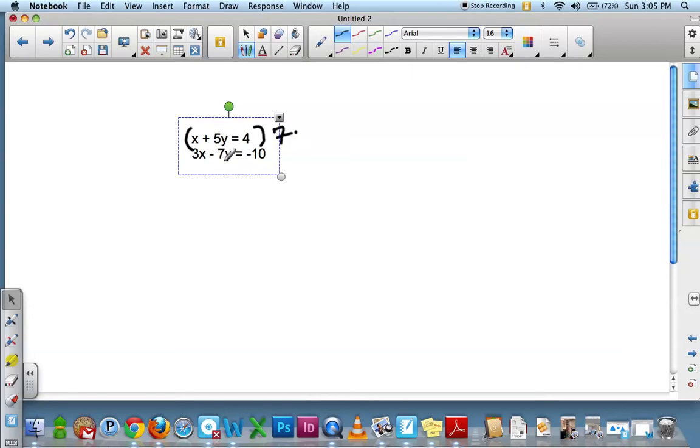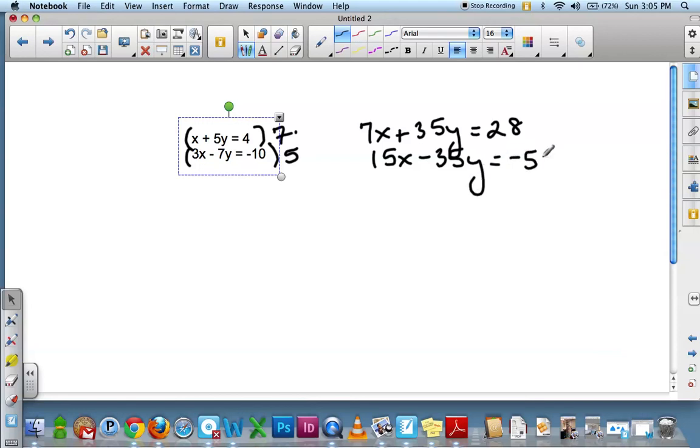I want to have the same number in front of y, and I notice that they have opposite signs, so I can just add them. So I'm going to multiply the bottom one by 5. So I'm going to get 7x plus 35y equals 28. And then on the bottom is going to be 15x minus 35y equals negative 50.